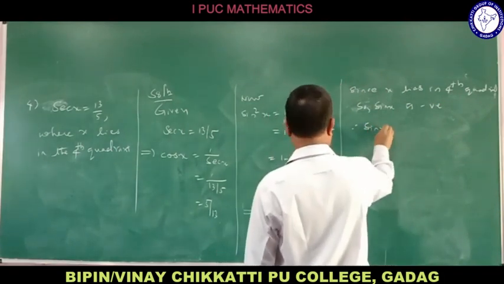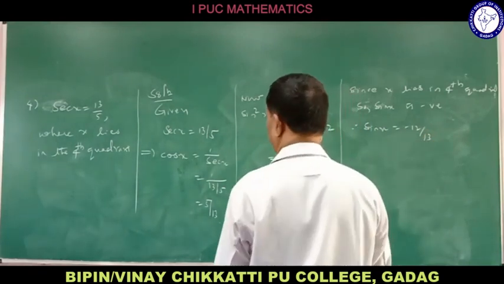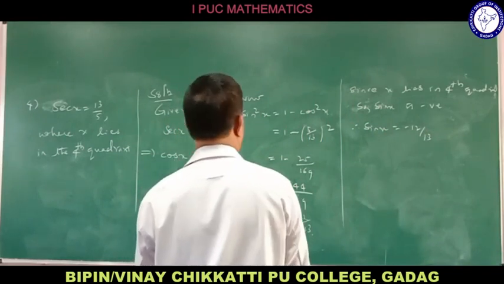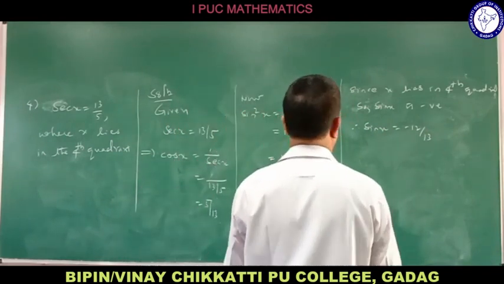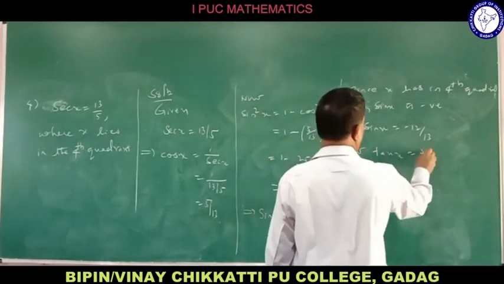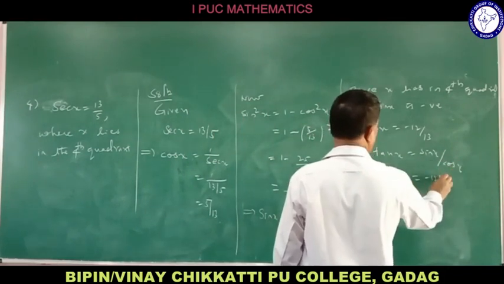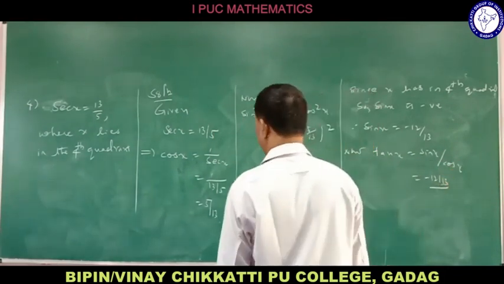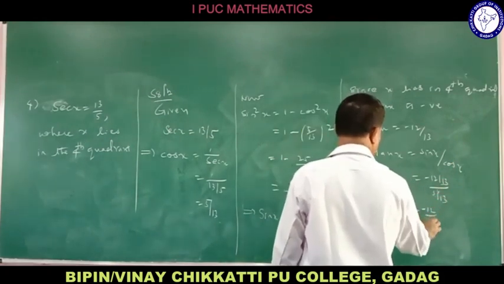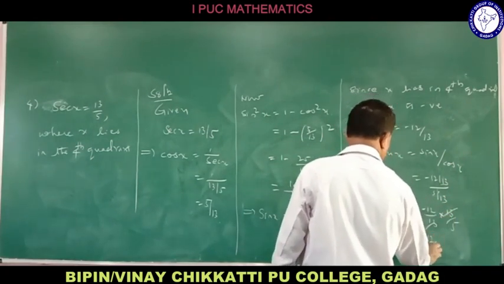Therefore, sin x is equal to minus 12 by 13. Cos is over, sin is over, and now you have to go for tan. Tan x is equal to sin x by cos x. Sin x is minus 12 by 13, and cos x is 5 by 13. So minus 12 by 13 into 13 by 5, so minus 12 by 5.